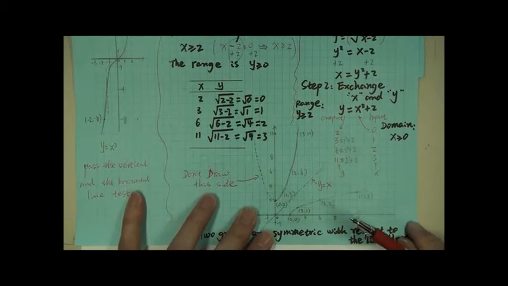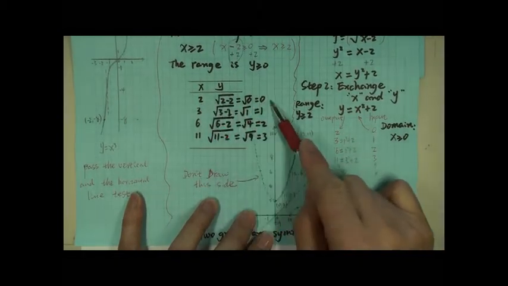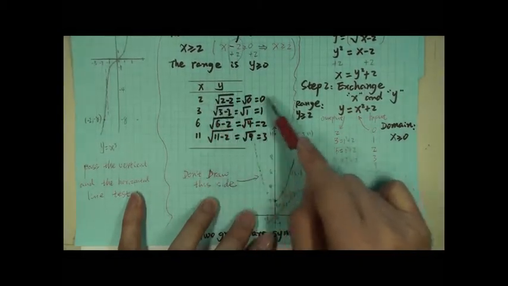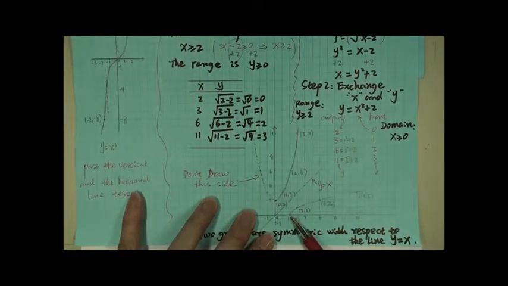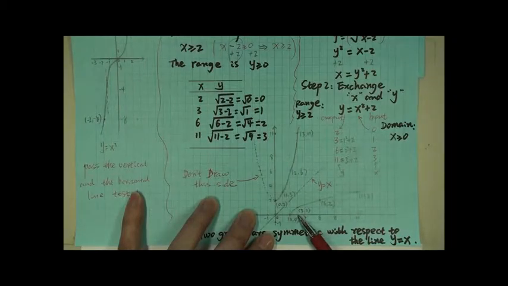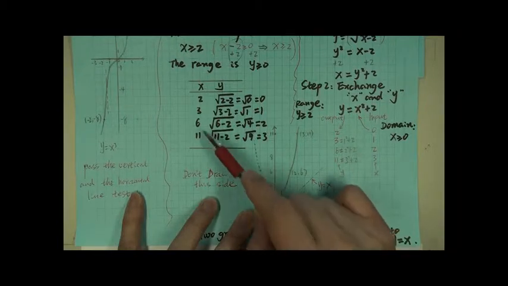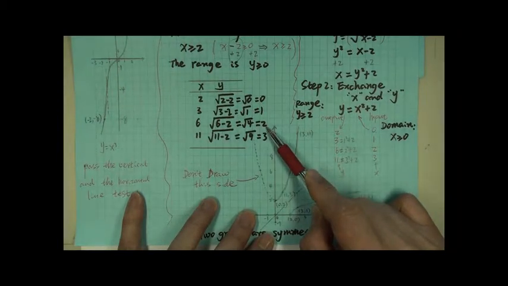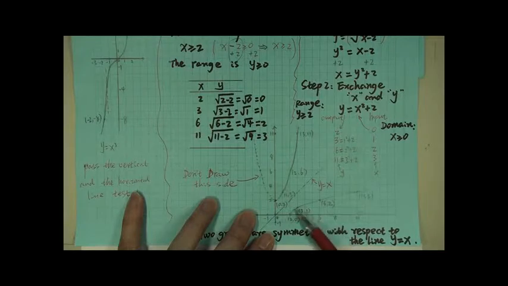Now you have x is 2, y is 0. That's right here. 3, 1: x is 3, y is 1. Okay, so this is the point. And then 6, 2: x is 6, y is 2, so it's this one.